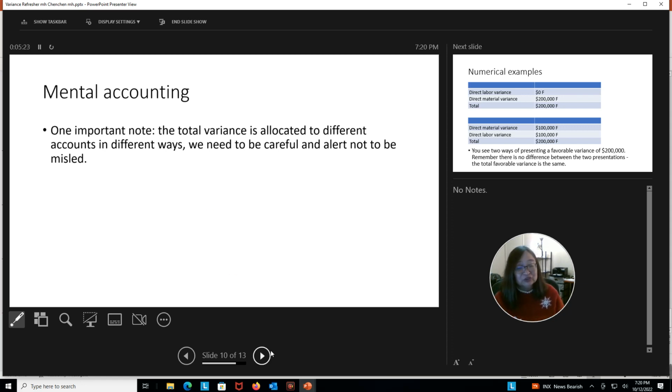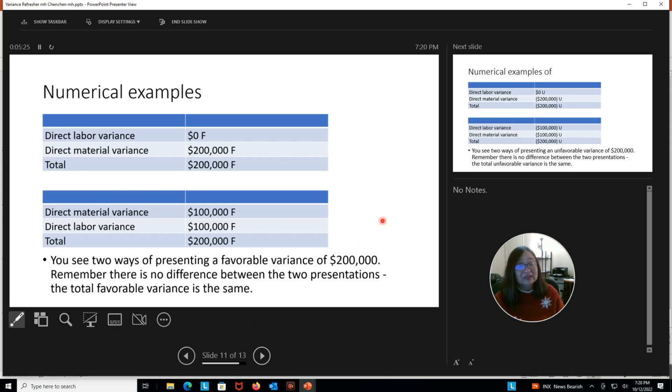But let me just introduce you to this concept. So let's say this company has a direct labor variance of 0, a direct material variance of 200,000 favorable, and that gives us a favorable variance of 200,000. Okay, overall, 0 plus 200,000 gives us a total variance of 200,000.